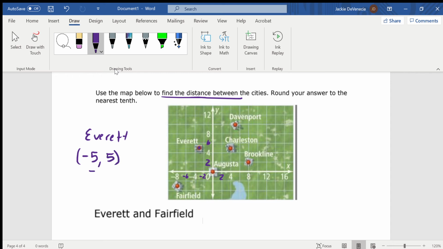So between these two numbers is a +5. And Fairfield, let's see, Fairfield is all the way down here. And the x value is a -8. But the y value, well, this is going to be a -2. This is a -4. I'm just going by what I can see in the other y-axis.